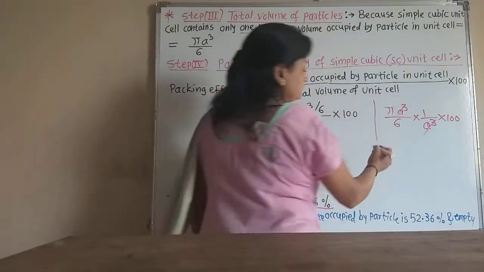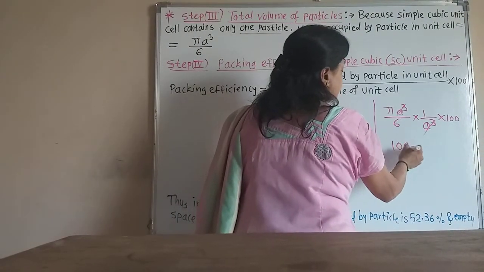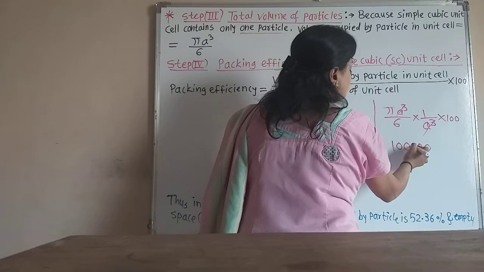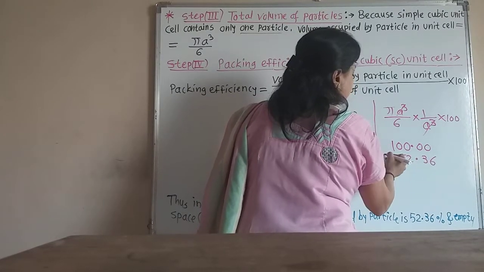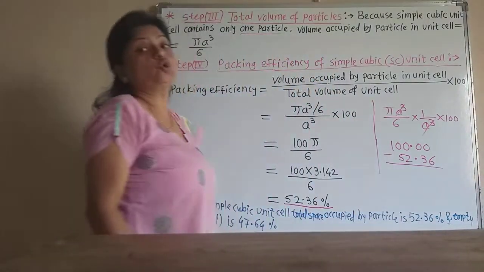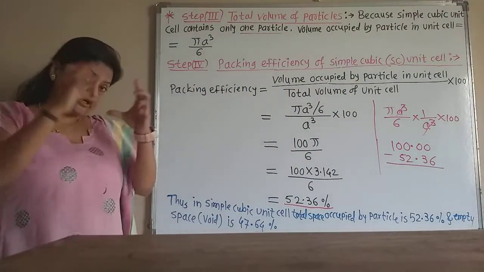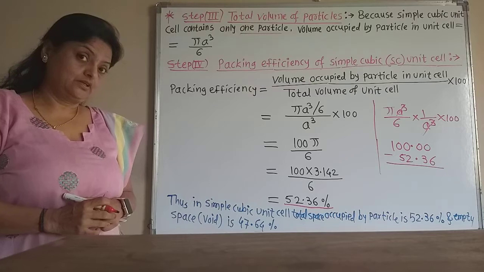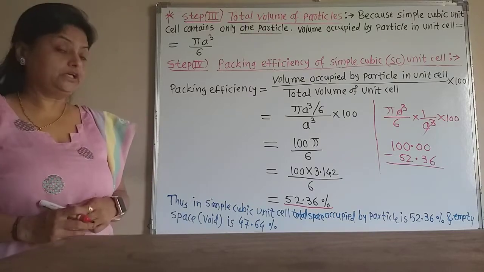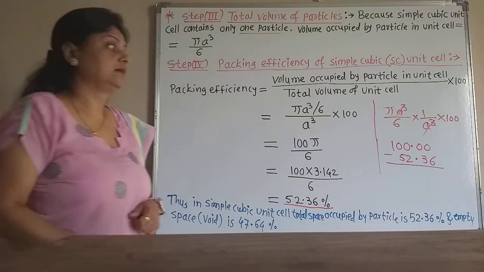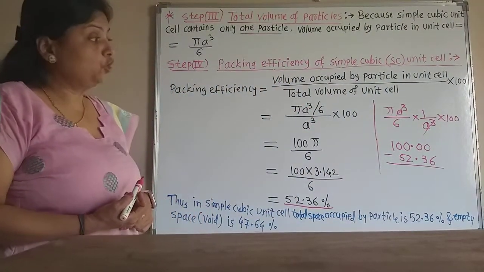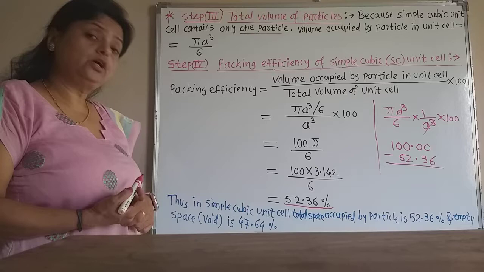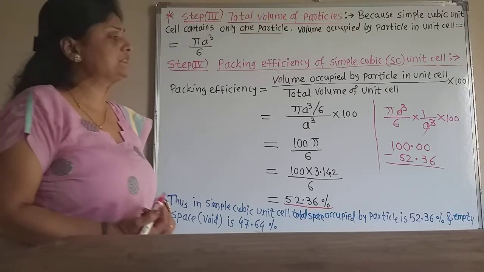If we subtract this 52.36 from 100, suppose the total percentage of the volume in the unit cell of the simple cubic unit cell is 100, then by subtracting the volume of the particles from 100, we obtain the volume of the empty space.